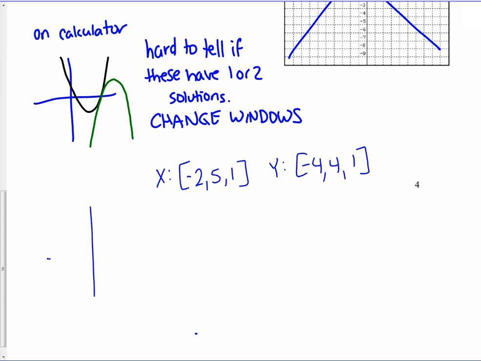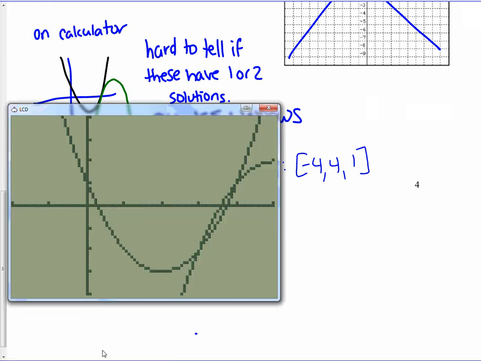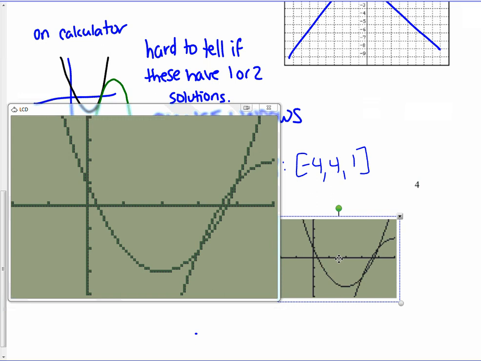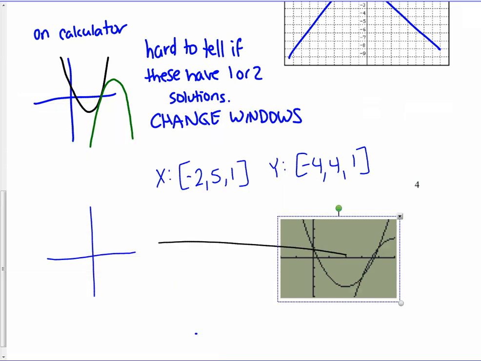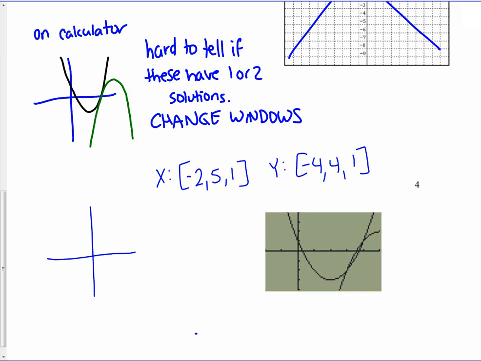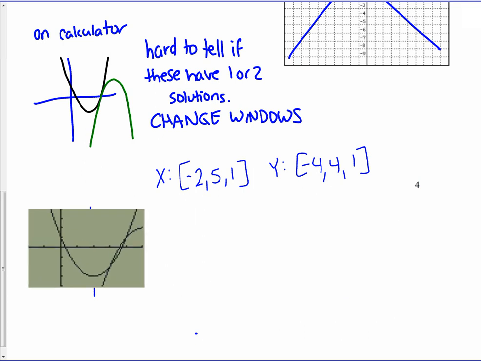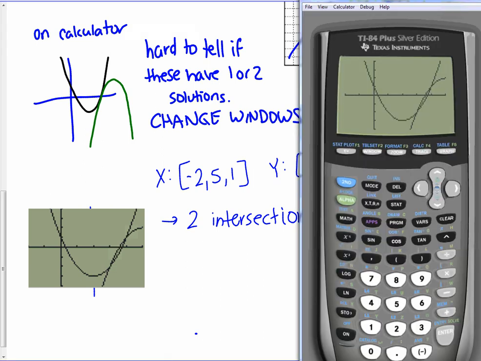Now our graph looks like this, and we can see there are 2 intersection points. So let's find them. Second trace 5.